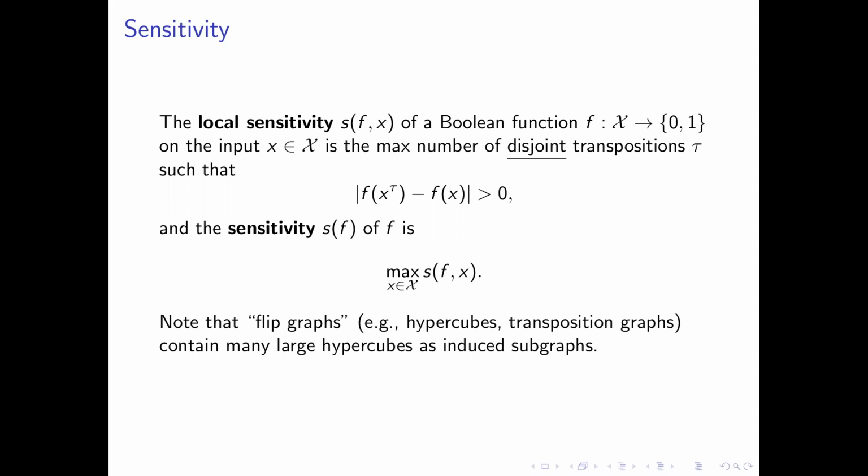If you look at this graph where things are connected if they differ by a transposition, they actually contain many large hypercubes as induced subgraphs. And that's going to be the main observation that we use for getting a sensitivity theorem on some of these domains other than the hypercube. So the idea is that with this observation, we might be able to reduce things to the hypercube.